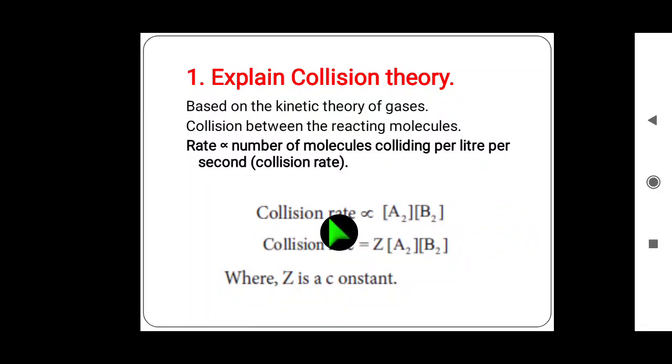Collision rate is directly proportional to the initial concentration of the A2 molecule and B2 molecule. To remove the proportionality, we have to add an equals sign with the collision rate constant Z. Let us move to the next slide.